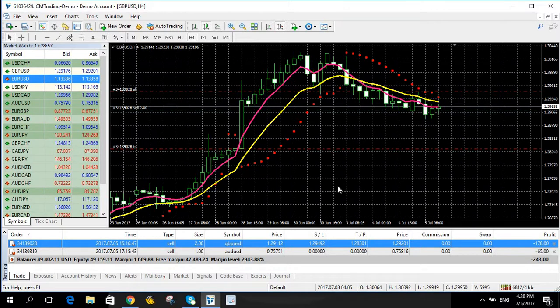But you need to make sure that you know what you are doing before you place the trade. So basically, these are the basic things that you should never do when trading in the forex market. And also, do not increase your lot sizes just because your account is growing.